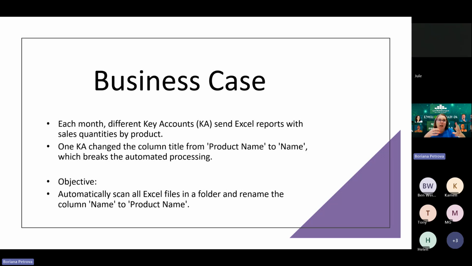And this can be scanned automatically for all the files inside our folder. So if we have some files that don't have a product name, we just open the file, rename the column, save it in the same folder, and then our business BI solution is working well.